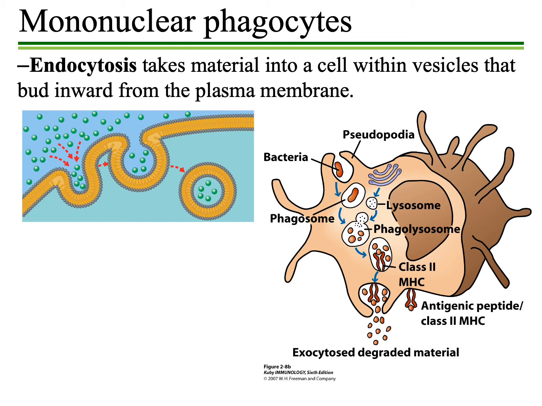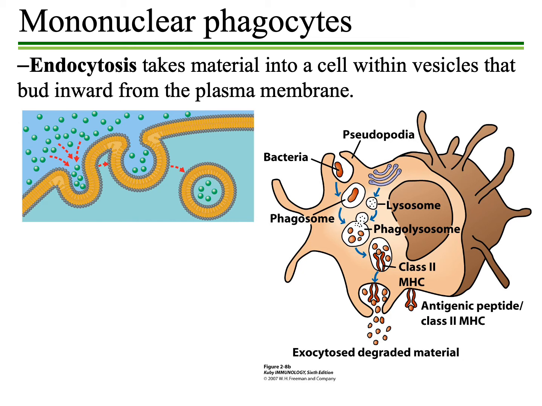In this case, because this is a very clear mechanism involved in fighting off a pathogen, what you see on the right-hand side is a bacterium that is being taken in by the cell that's known as a phagocyte in this same process of pinching in of the plasma membrane and eventually forming a vesicle with the bacterium inside the vesicle, which is now inside the cell in question. That is referred to as a phagosome. So the vesicle that has the bacterium in it inside the cell is known as a phagosome.